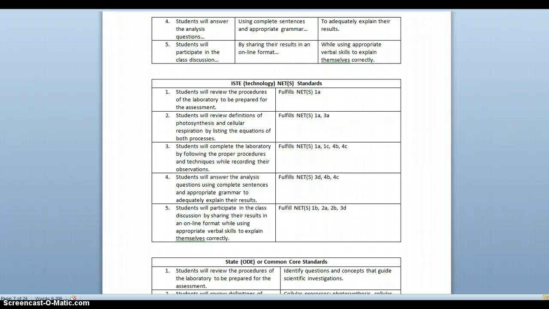This would give them a chance to read other students' responses, be able to respond to those students' answers, and have a discussion and not really be afraid about being wrong or how people are going to judge them based on their answers. I also frequently use PowerPoint to show class notes, or I show YouTube videos to emphasize points. So those would also be ways that technology could be integrated into this particular unit.